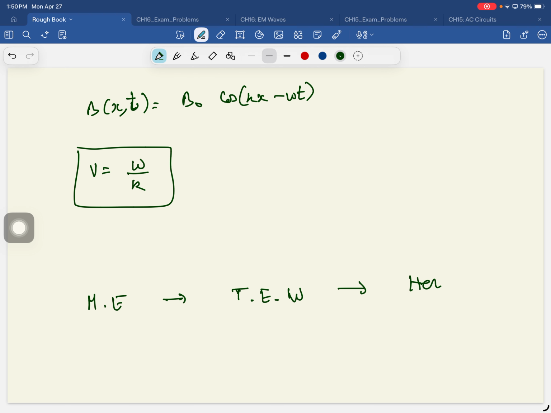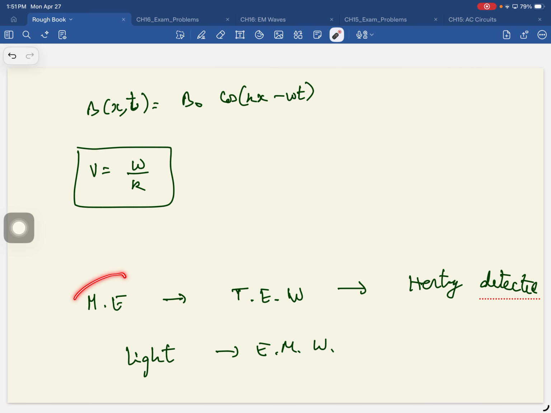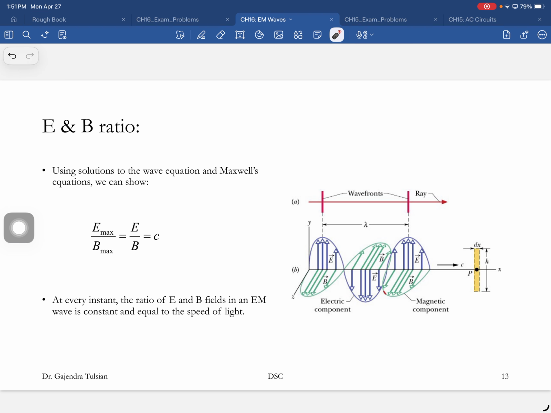In a plane wave, E and B are perpendicular to each other and to the direction of propagation. This ratio is always c in vacuum. In a piece of glass, that's not true. In a piece of glass, the ratio is equal to the speed of light in the glass, not in vacuum.